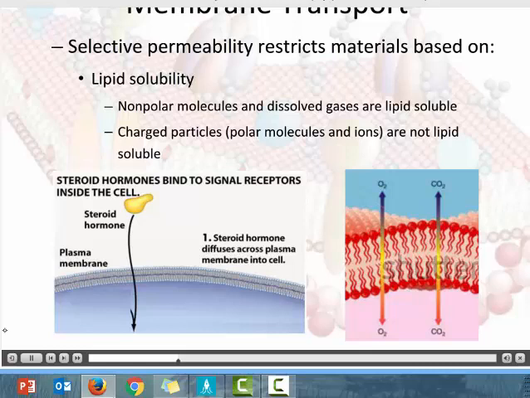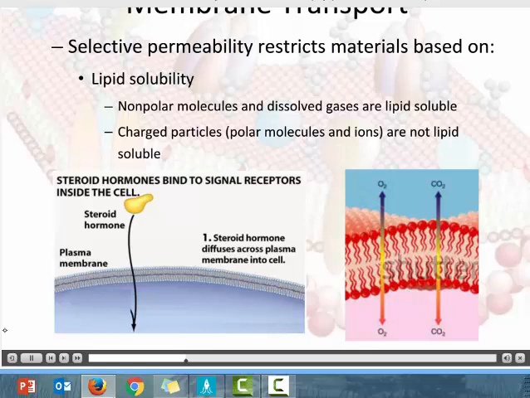If something has a charge or is polar, so ions or polar molecules, they do not interact well with lipids, and they are going to be stuck on one side of the membrane or the other and not allowed to pass without help. So we can restrict movement of molecules across a plasma membrane based on size, electrical charge, molecular shape, and lipid solubility.